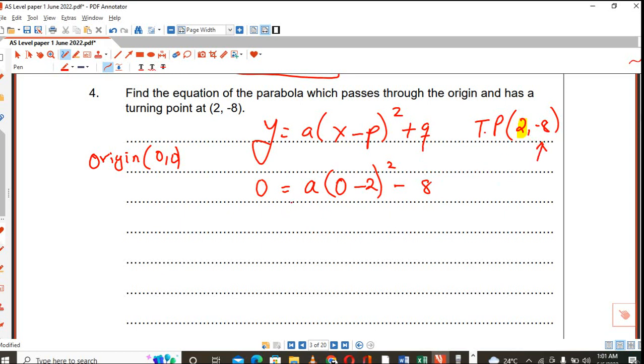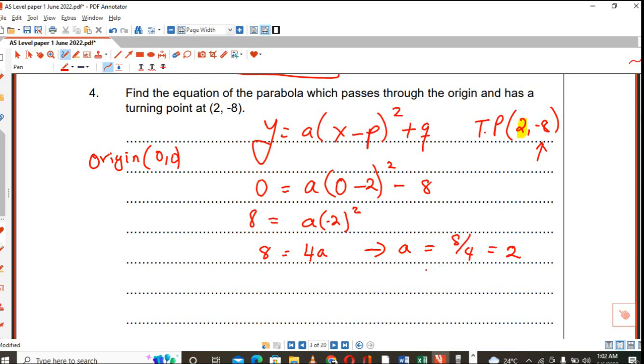This allows me to find the value of a. So 8 comes this side, and this is a times 2 squared, so 4a equals 8. That gives a equals 8 divided by 4, so a is equal to 2.